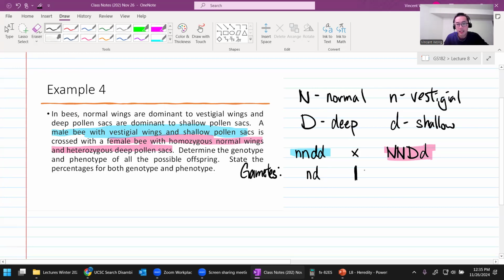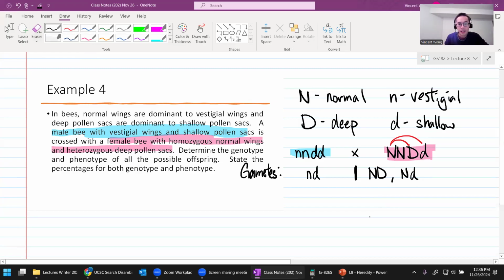On the other hand, for the female, it could be big N, big D, or big N, small d. If you forgot how to figure out the gametes, you can just take the N and pair it up with the D. So big N, big D and big N, small d. And if you repeat with the other N, you would end up having the exact same result. So we don't have to write it twice.